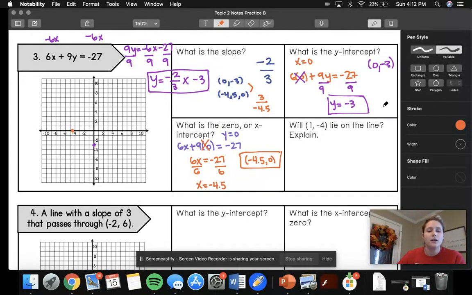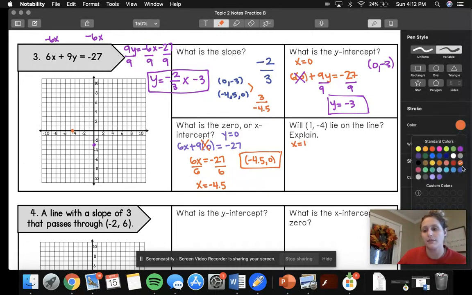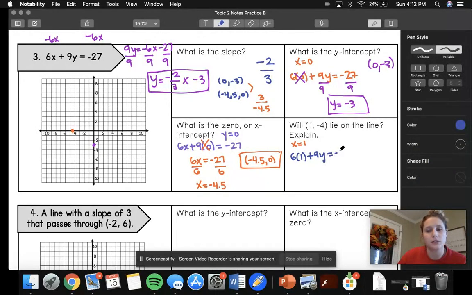All right. And the last one, will 1, comma, -4 lie on this line? So I'm going to plug in 1 and see if I get -4 out for my y value. Okay, so 6 times 1 plus 9y equals -27. So 6 times 1 is 6.